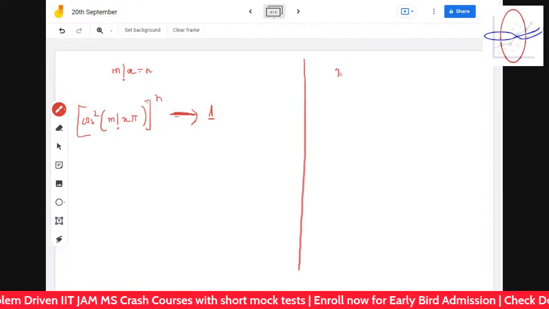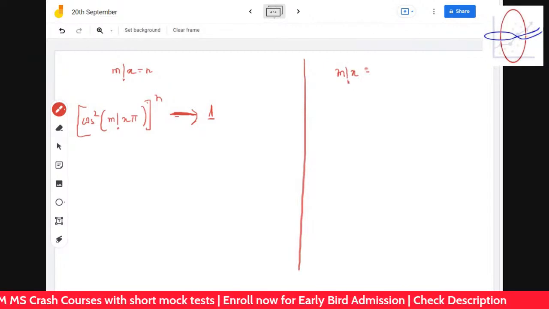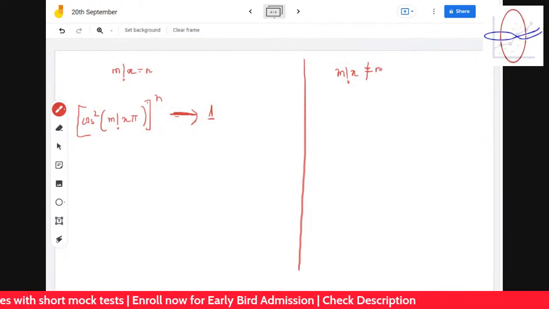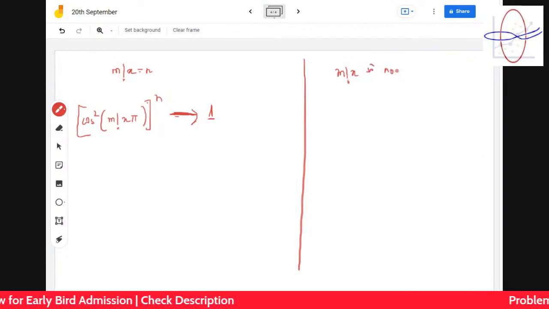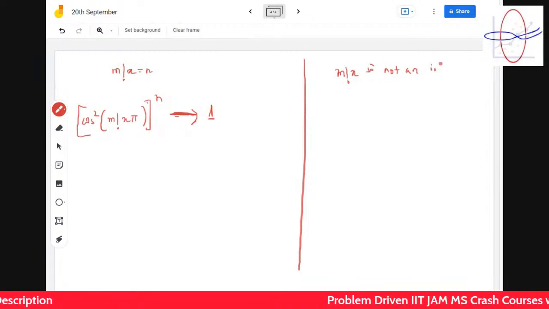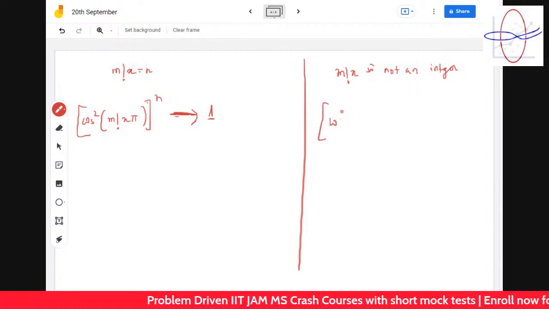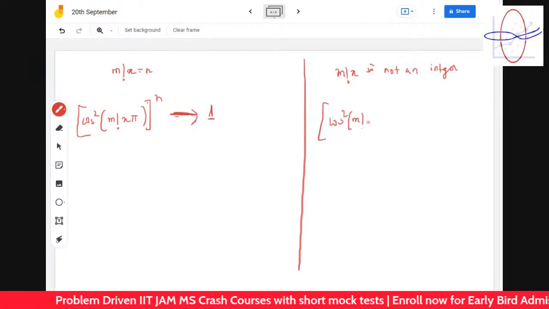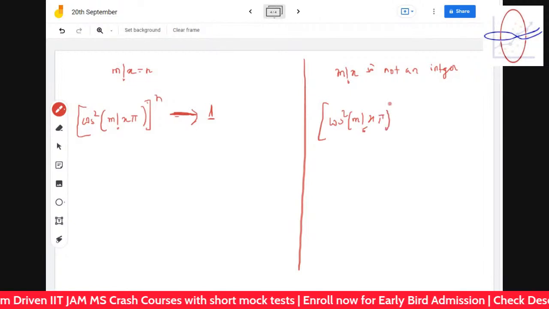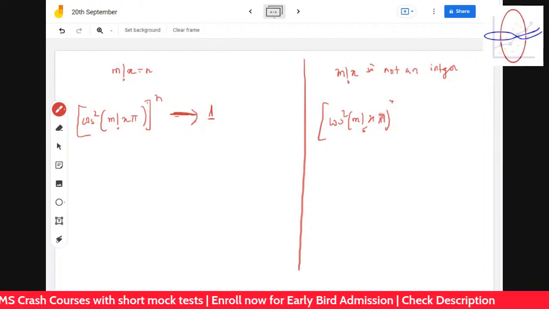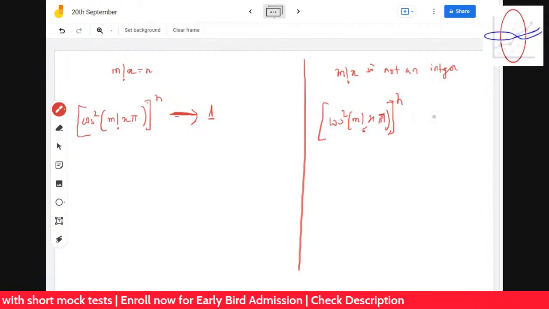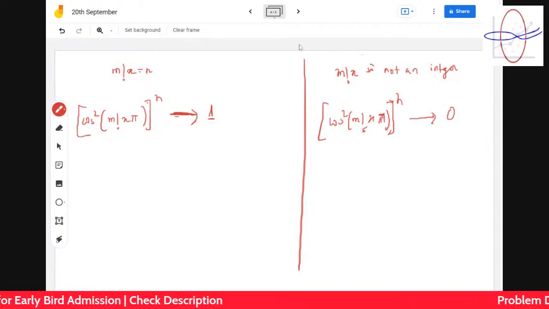And if m factorial x is not an integer, then cos square m factorial x pi whole to the power n will go to 0. We have already proved it, right?